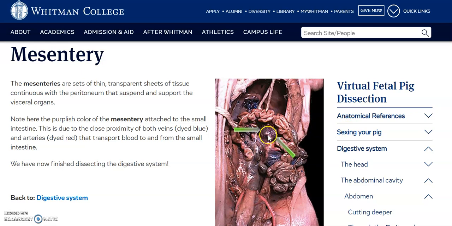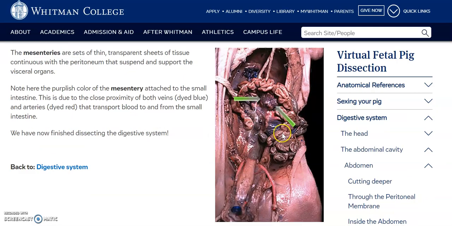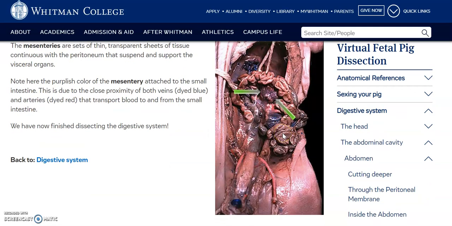Now you can see that they're kind of really dark purple. Okay, that's because they have a lot of blood access, because they have to be able to transport that blood to and from your small intestine. Okay, your small intestine is very long, so you need a lot of arteries and veins to be able to transport your blood. So now that's basically the breakdown in a simple form of your digestive system.